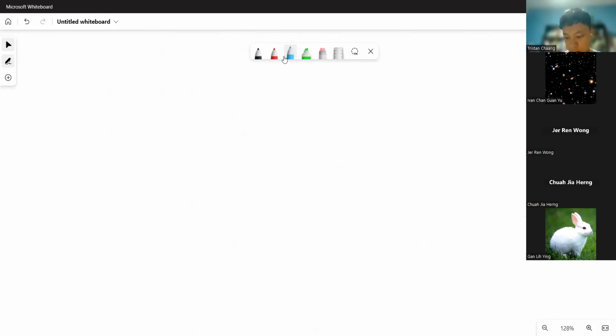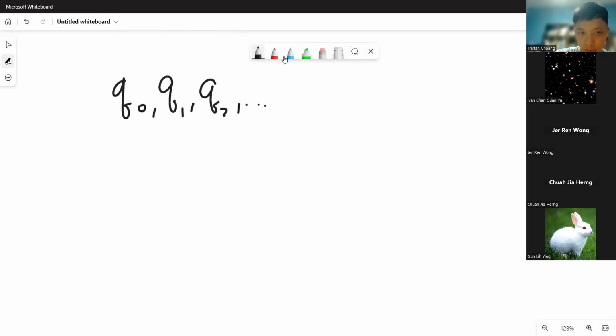Let's look at this one. Q0, Q1, Q2, dot dot dot, is an infinite sequence of integers satisfying these two conditions.